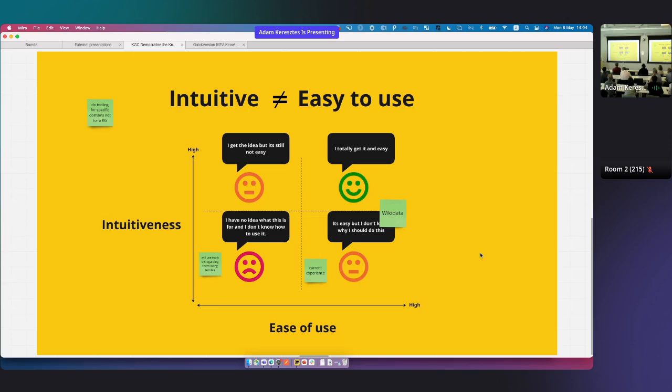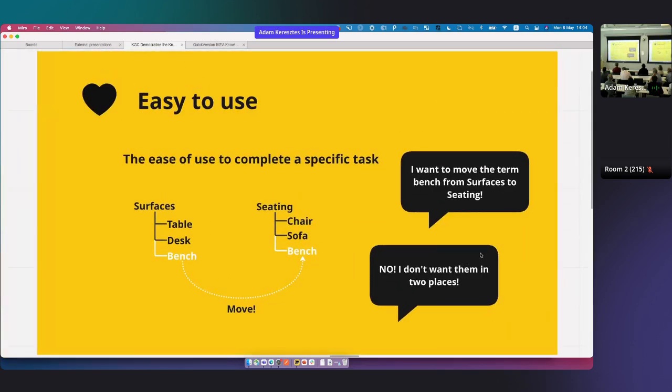Good. Then I will continue to the next point: the tools need to be easy to use. And this is, I mean, more usability, about the ease of completing a specific task.